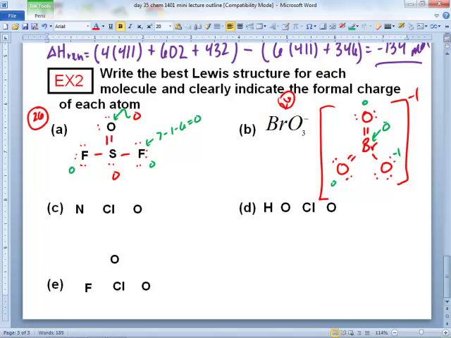Okay, so here we're right here. You have a negative 1, negative 1, negative 1. This guy is positive 1. 7, well, that's right, 7 minus 3 minus 2, that's going to be positive 2, right? So positive 2.